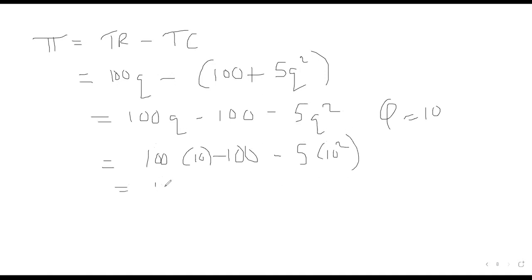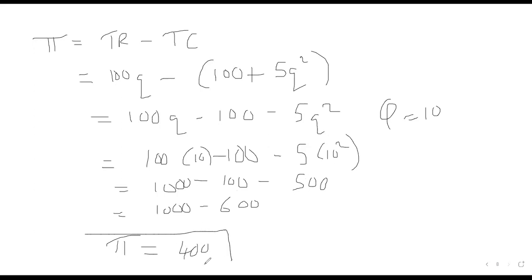So here we're going to have 1000 minus 100 minus 500. So what are we going to get? It will be 400. So the profit maximizing profit is 400 kwacha in terms of the figures.